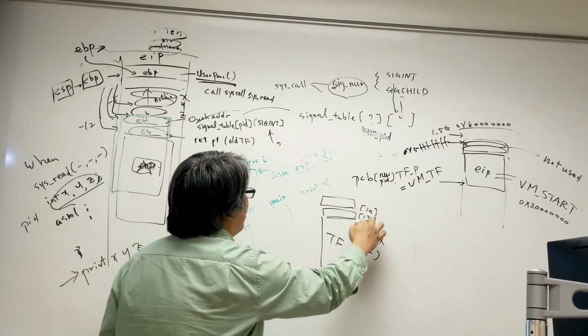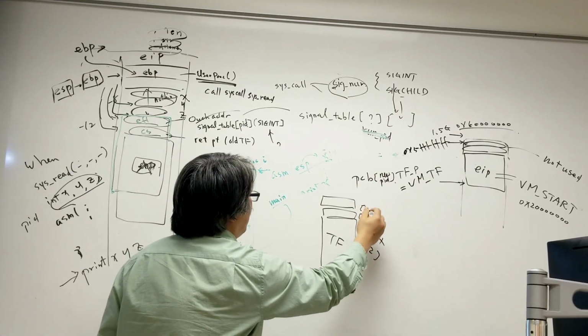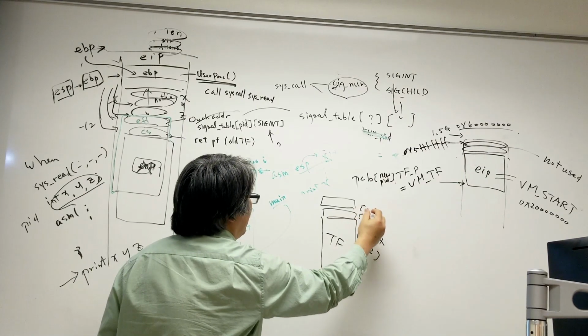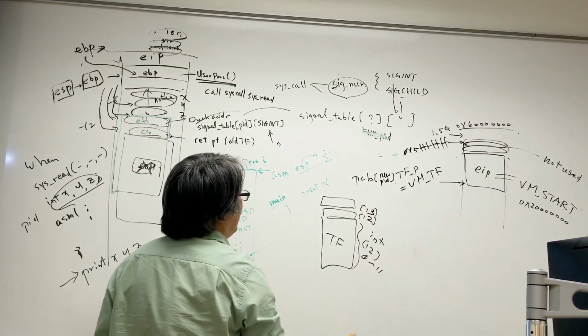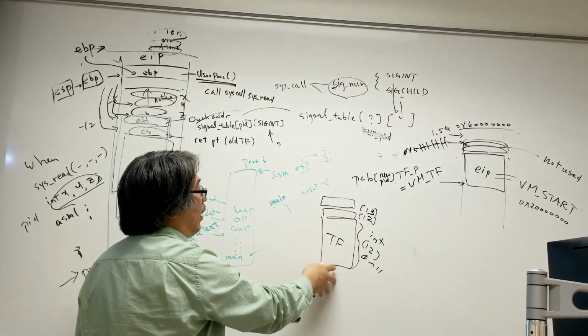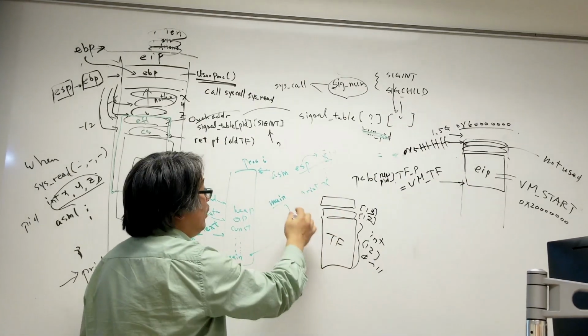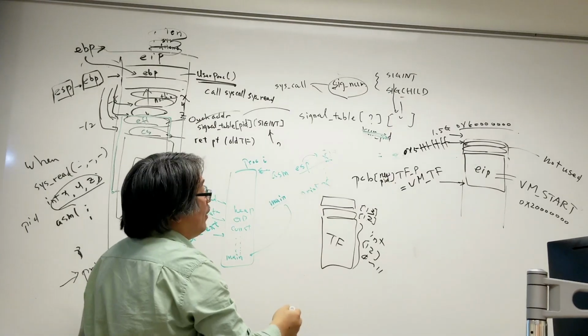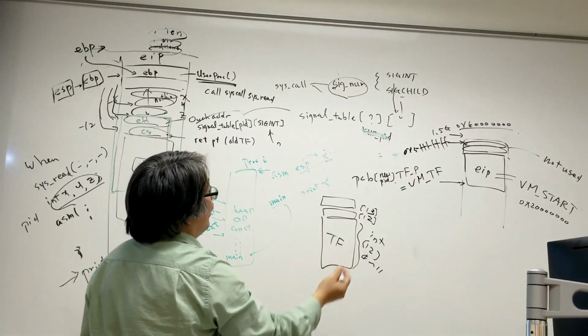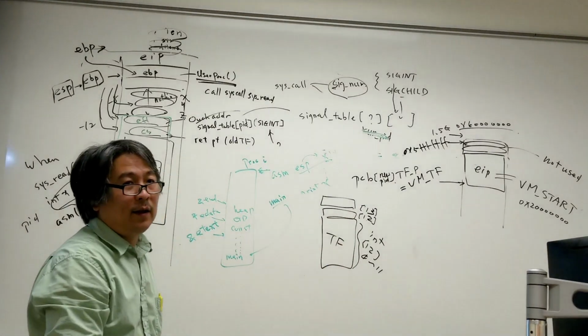It's from 0 to 11, so we have 12 elements here. Each one is 4 bytes. So treating it like an array will be easier to do things like this. So basically, it's the 14 integer size, right?